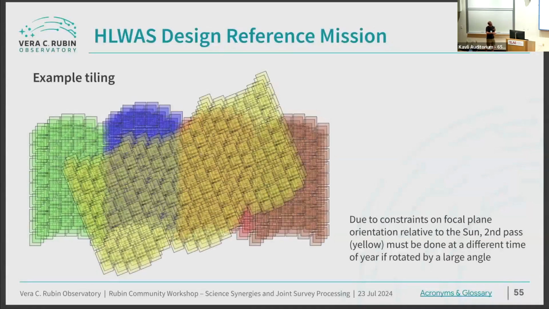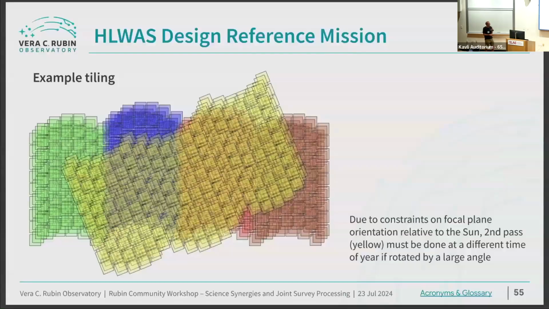Because of the constraints on the orientation of the focal plane relative to the sun, if you want to do the second pass, you need to observe at a different time of year. So this is what the observations would look like.